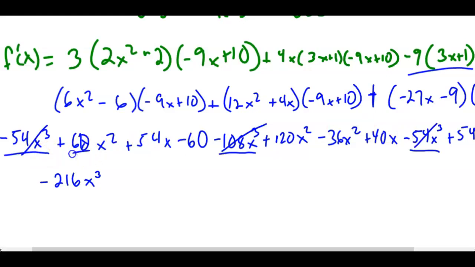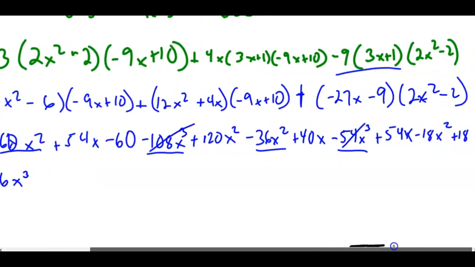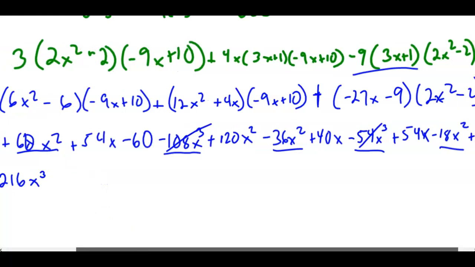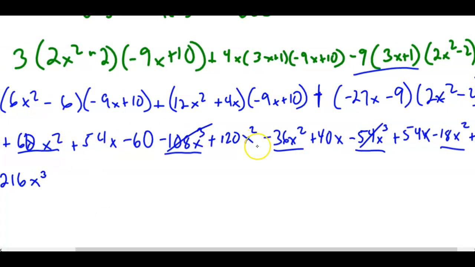Now x squared, I have 60x squared and negative 36x squared and negative 18x squared, and 120x squared. So I have 60, it's positive 60. Negative 18.